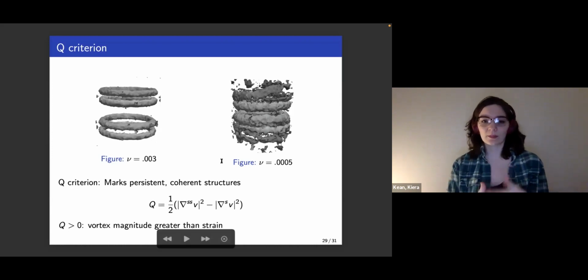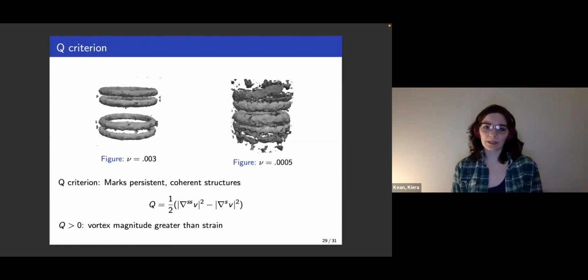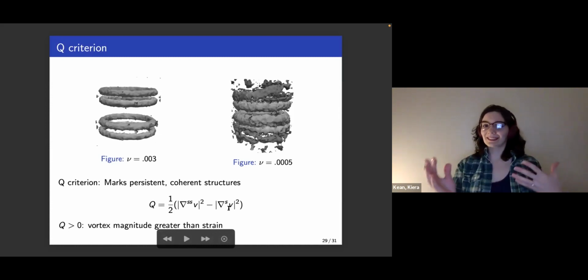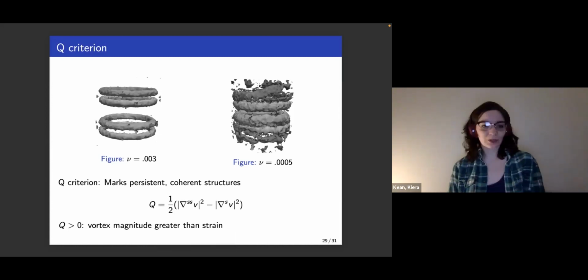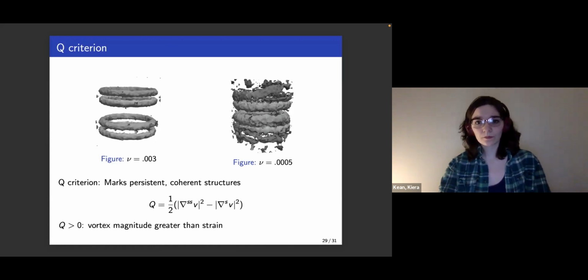So it's the difference between the skew symmetric part and the symmetric part of the gradient of the velocity. This is also the spin and the deformation tensor. So when it's kind of holding together in a vortex more than it's being pulled apart, and that's pictured here.